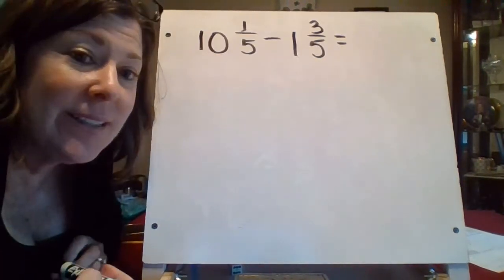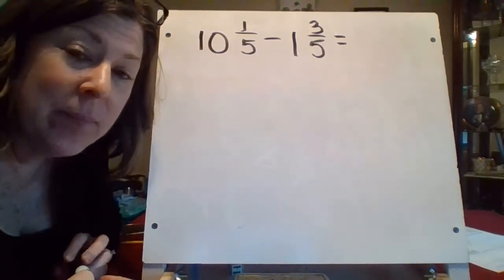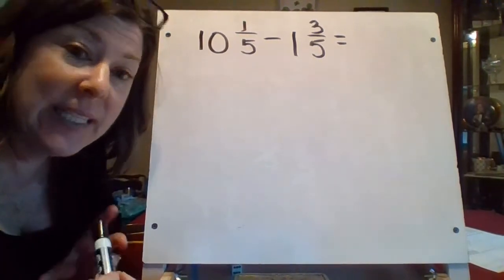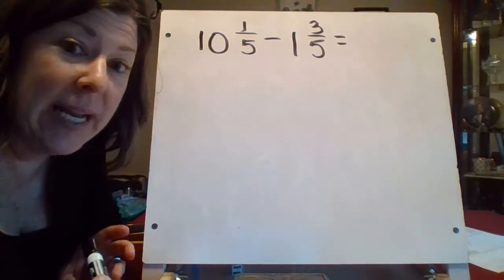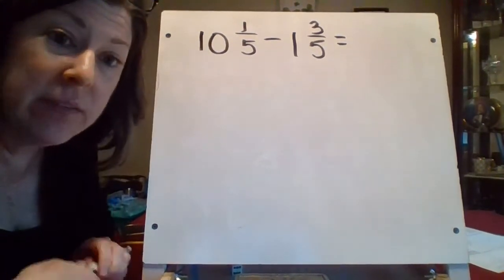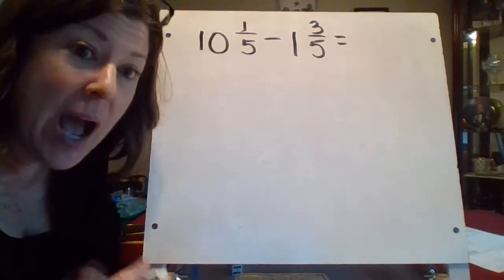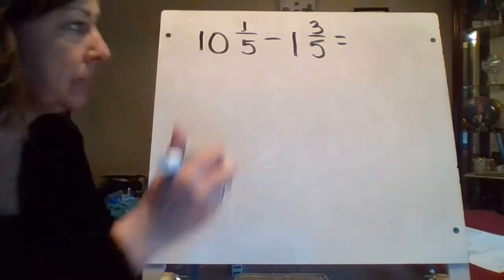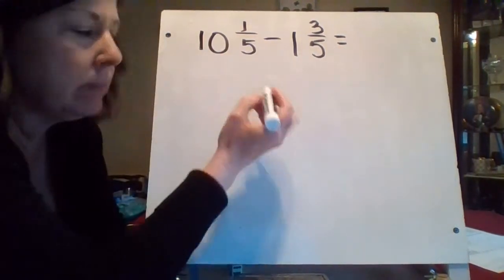For this last strategy, I'm going to start from the beginning by decomposing my whole number. So I have 10 and 1/5 minus 1 and 3/5 again, except this time I'm going to start right from the beginning and decompose that 10. It's almost like I'm borrowing.